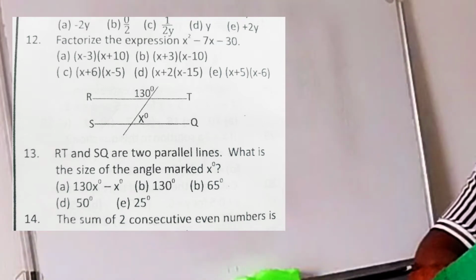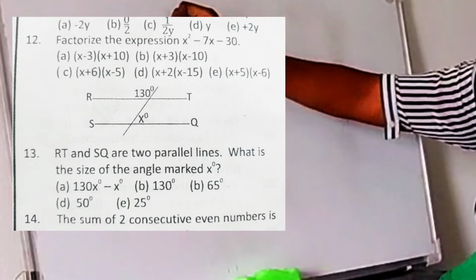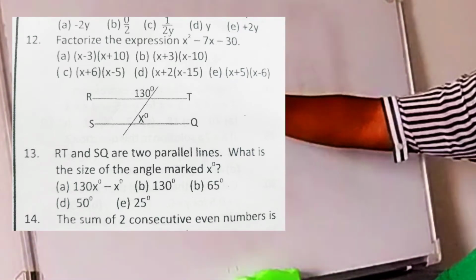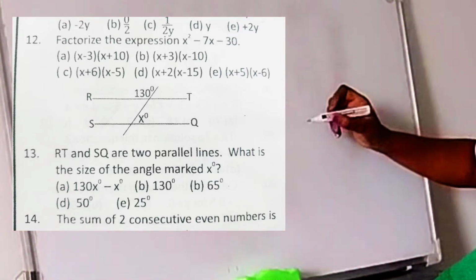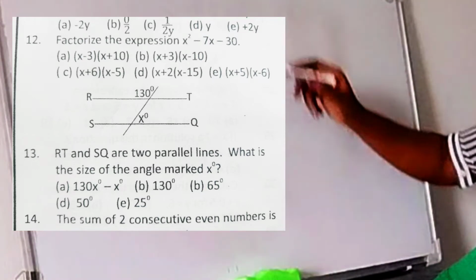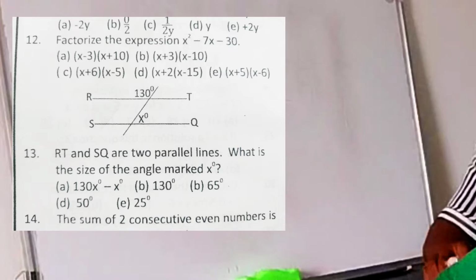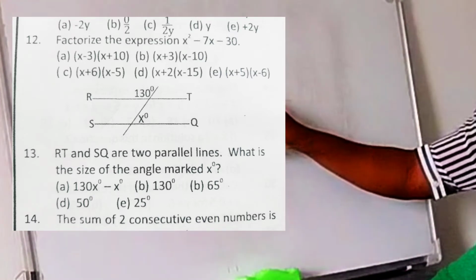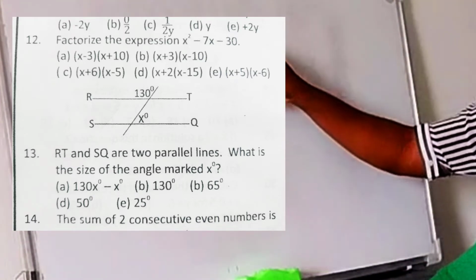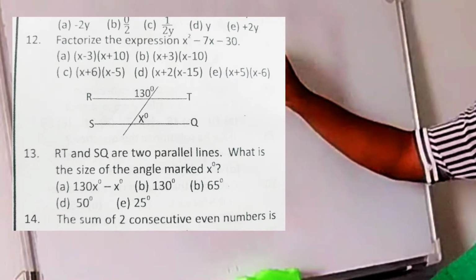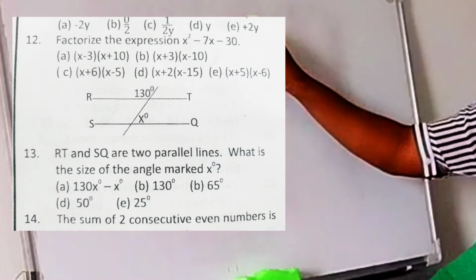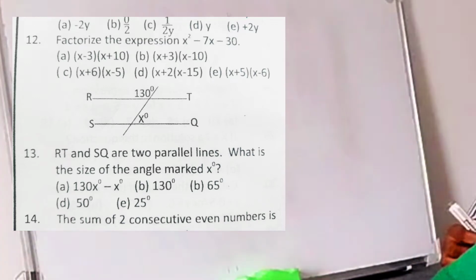Number 13. Okay, so number 13 will have 2 parallel lines, right? And an alternating line. So this angle is x degrees, while this angle is what? 130 degrees.